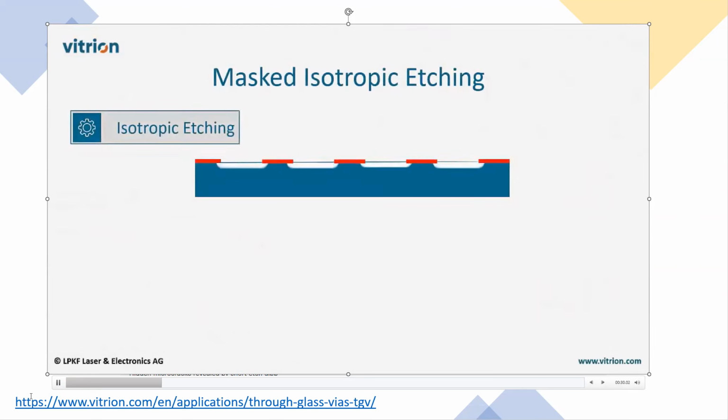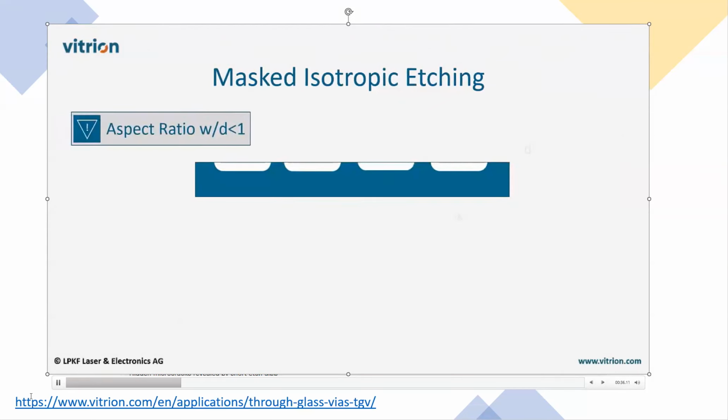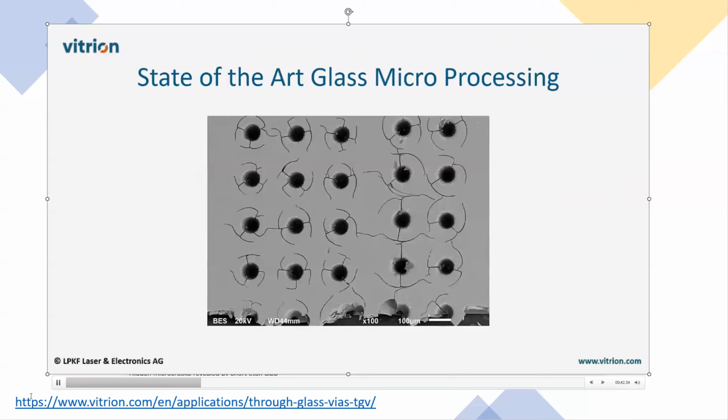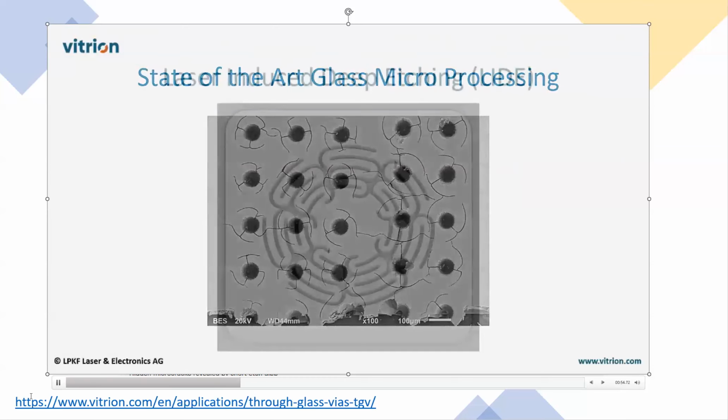These underetched areas grow at the same speed as the features grow in depth. Consequently, microfeatures created by this process are limited to aspect ratios smaller than 1. Alternative microprocessing technologies are typically associated with low throughput and insufficient quality. Especially microcracks and thermal-induced stress are major setbacks for most of these state-of-the-art processes.